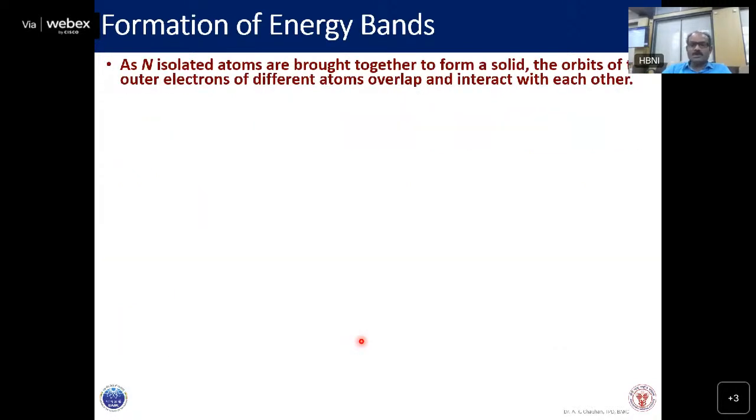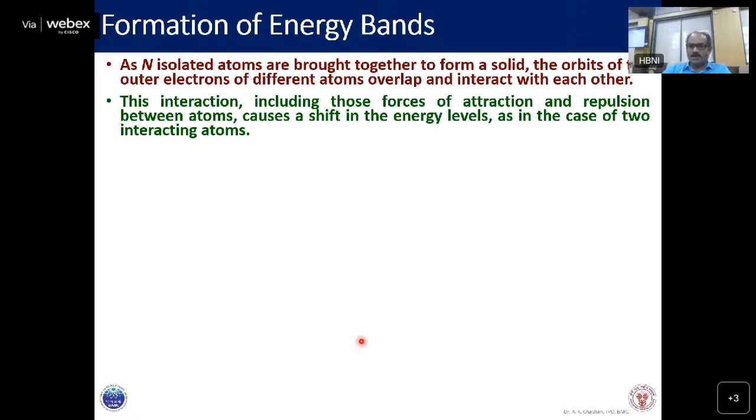But if you have more than two atoms, if you bring isolated atoms together to form a solid, the orbits of the outer electrons of different atoms will overlap, as they were overlapping in the case of hydrogen in the last example. So they will interact, and this interaction will be because of both attractive and repulsive forces.